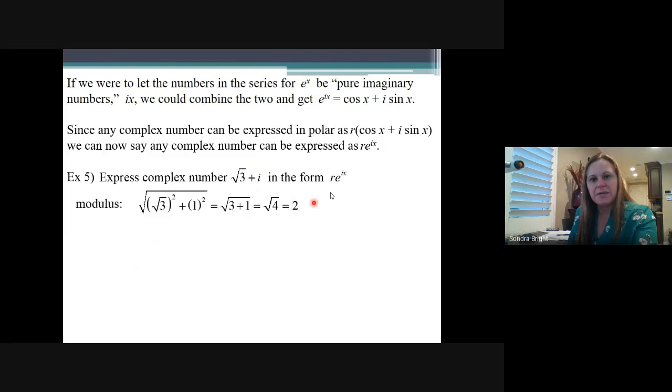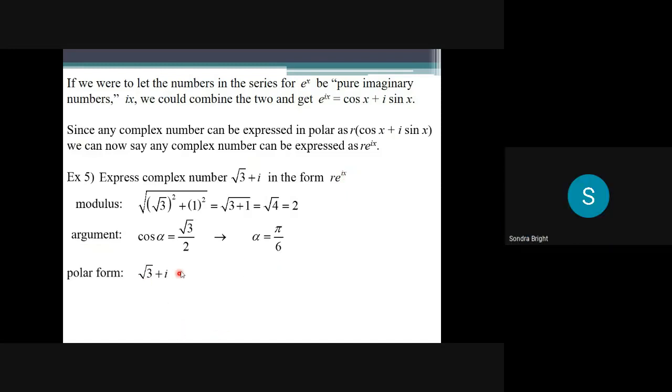Now we need to find the angle, which your book calls the argument. Well, here's what I know. I know that cosine would be root 3 over 2, and sine would be 1/2. Your angle is 30 degrees, or pi over 6. And so I'm going to plug that theta in as your x value there. In the regular polar form that you learned before, it's r cis theta, right?